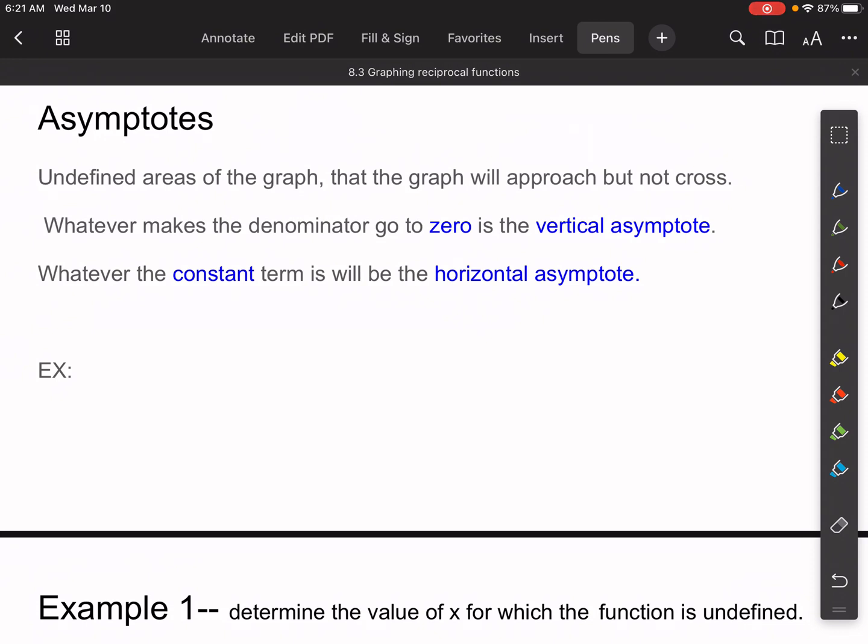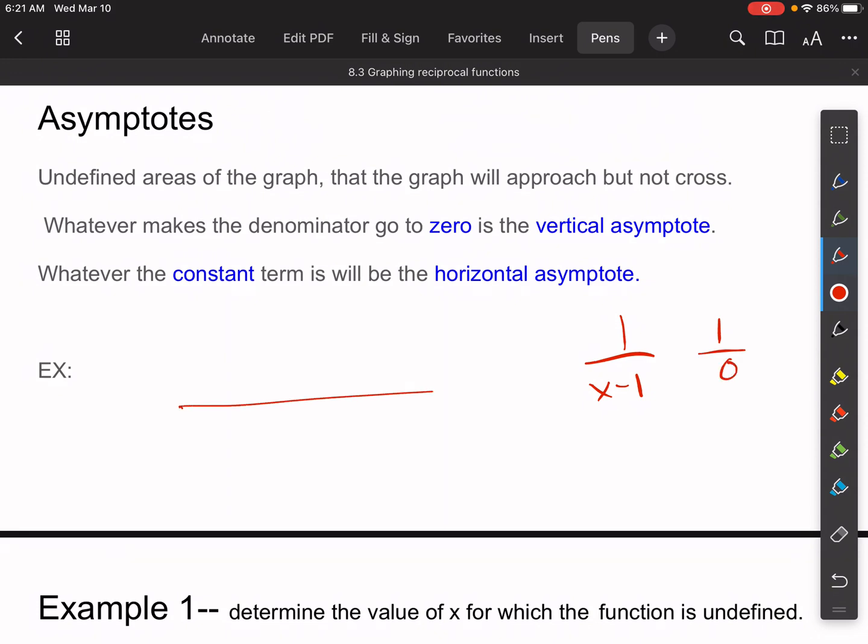If I had something like 1 over x minus 1, okay, if I were to plug a 1 into that for x, what I would end up with is 1 over 0, and that's a place that's undefined.